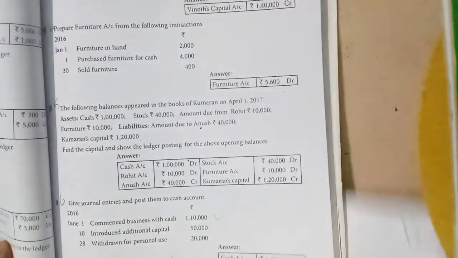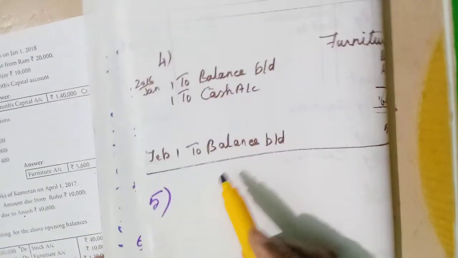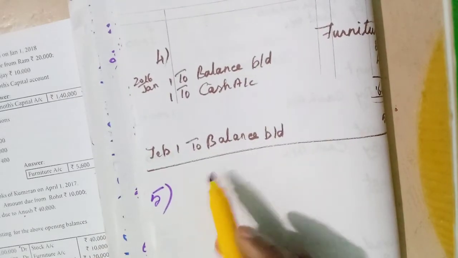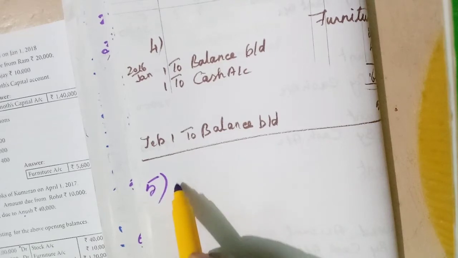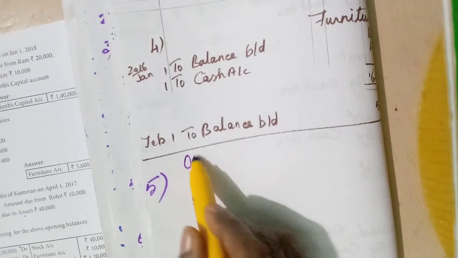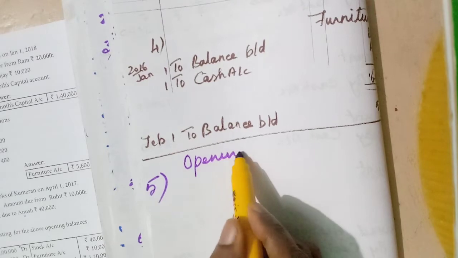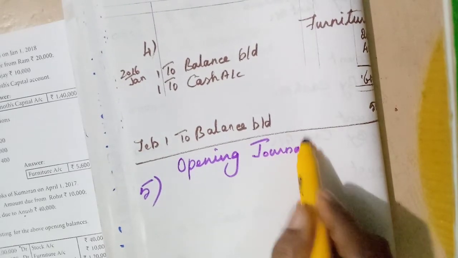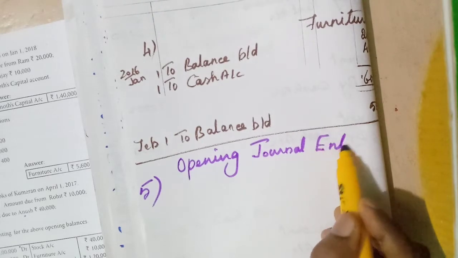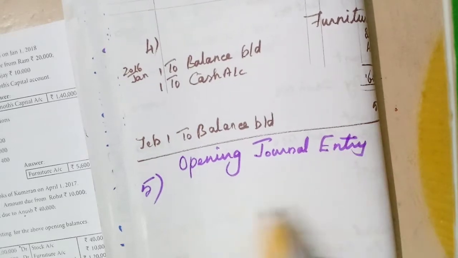Journal entry. So it is an opening journal entry. We can write the opening journal entry. Draw 5 columns.